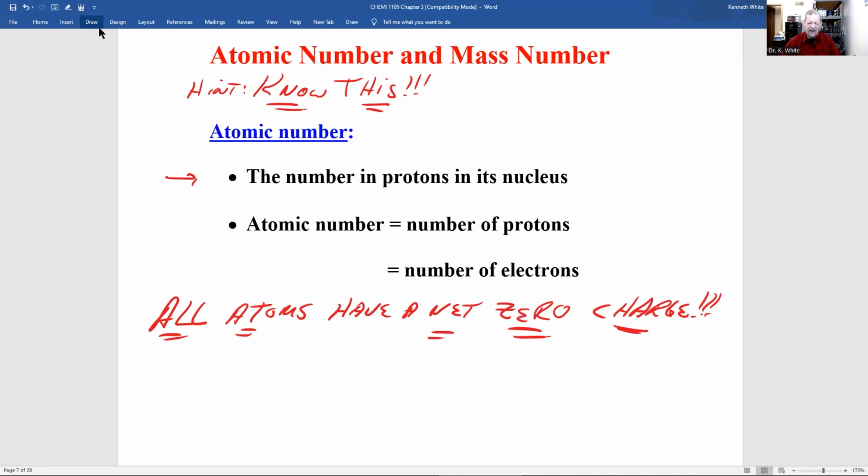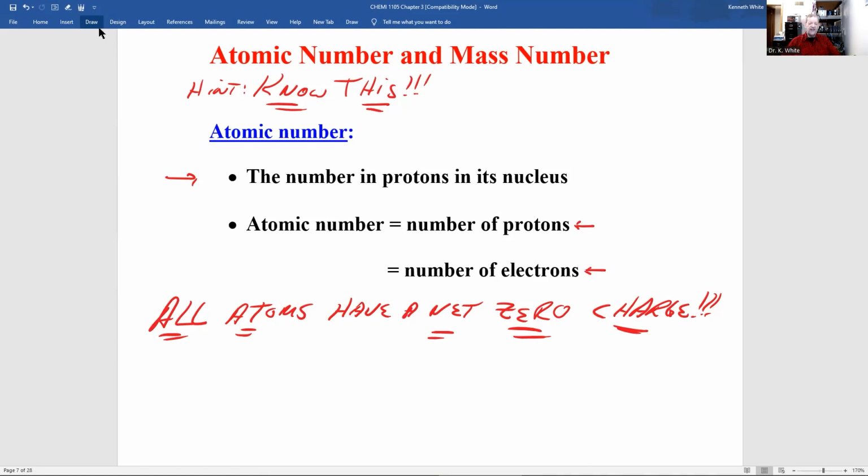And because of that, the atomic number equals the number of protons, which has a positive charge. In order for it to have a net zero charge, the atomic number also gives you the number of electrons.